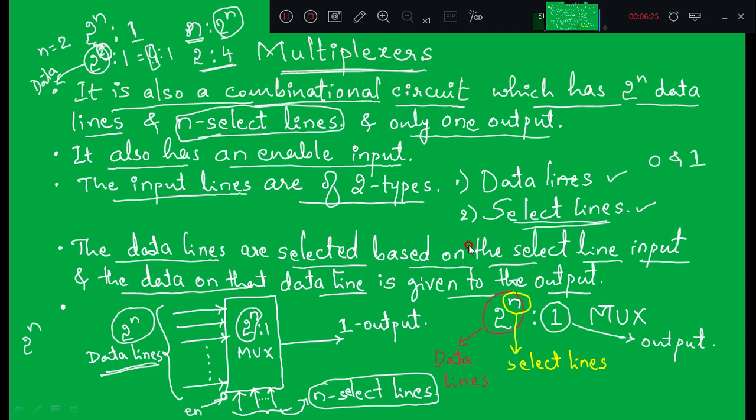Instead of only one kind of input as we have seen in the decoder, there are 2 kinds of inputs available in multiplexers. One is called the data line and one is called the select line. One of the data lines is selected as per the select lines, and that particular data is given to the output. In the next slide we will see some examples of the multiplexer, how to write a truth table, how to draw the symbolic form, as well as the internal logic diagram.